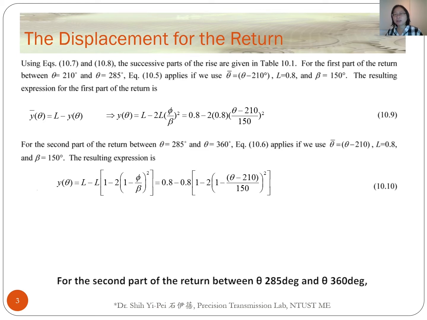For the second part of the return, between theta 285 degrees and theta 316 degrees, again we substitute all known values into equation 10.6. We can get the resulting expression and list it in equation 10.10.